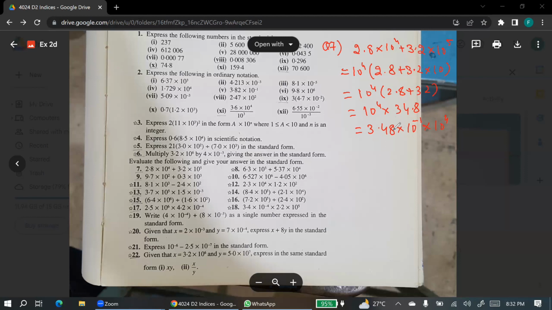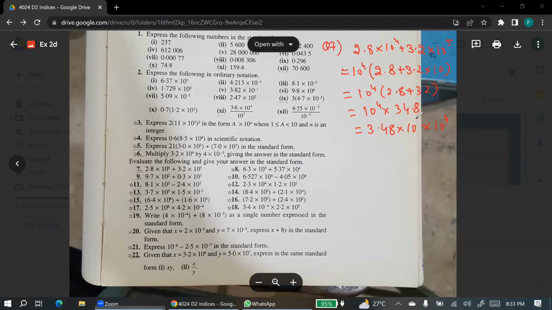We want to make this one 34.8 after multiplying with the power of 10. So if the new number becomes smaller, we will put a positive power or negative power? Positive then.